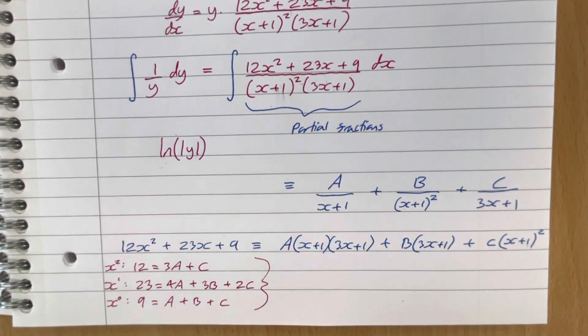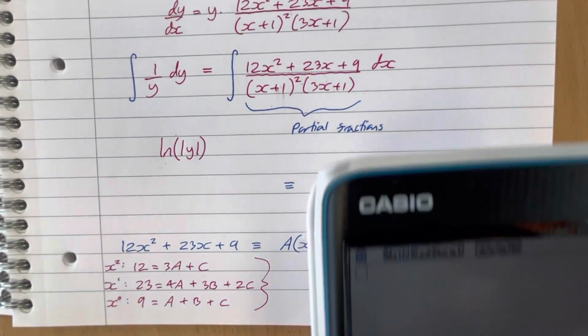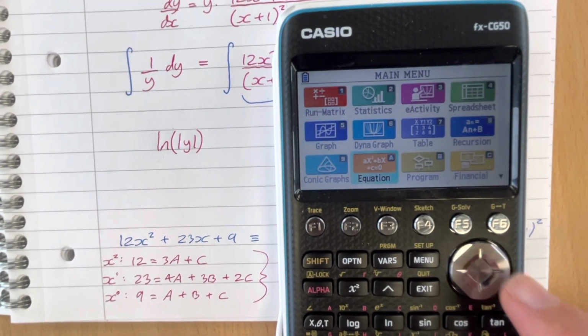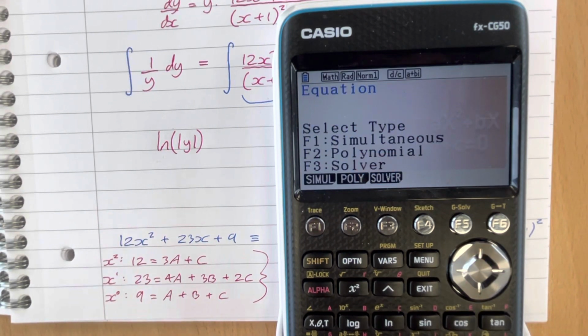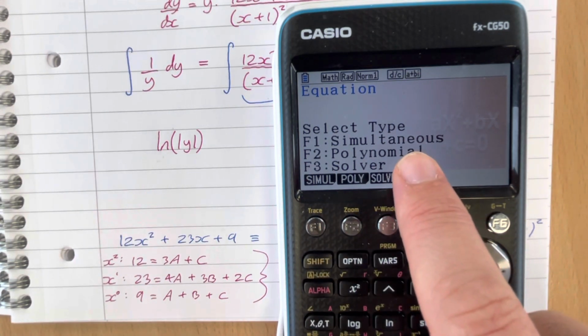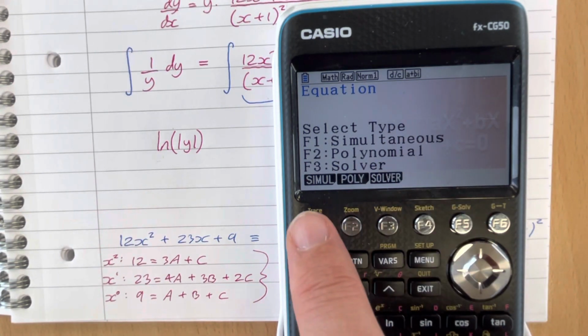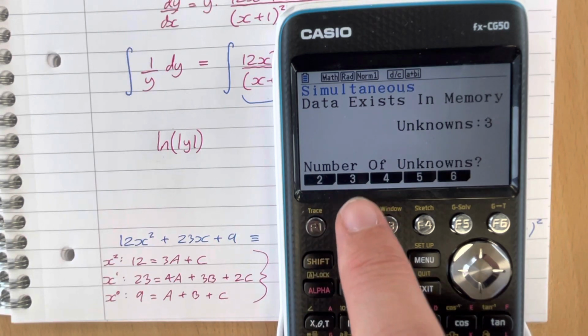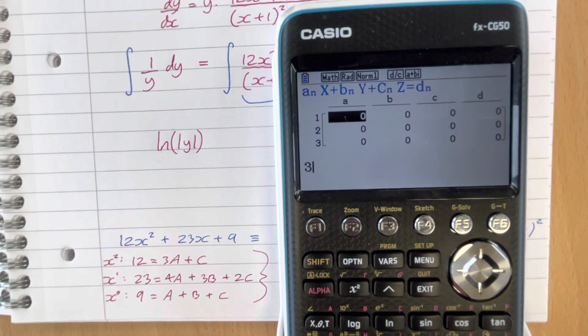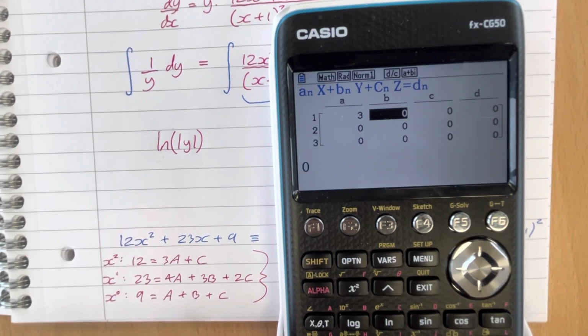Now, the exam would know full well that you are allowed a calculator which can solve these, whether it's this one or the FX991, because it's a linear system. Linear simultaneous equations, so we can push F1. It's got 3 unknowns, and the first equation is 3A plus no B plus C is 12.